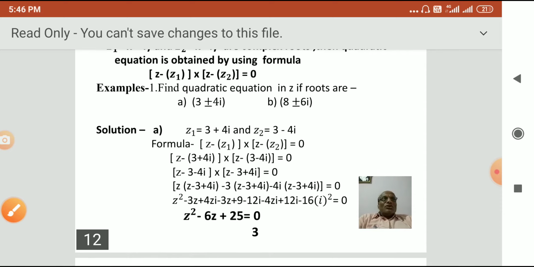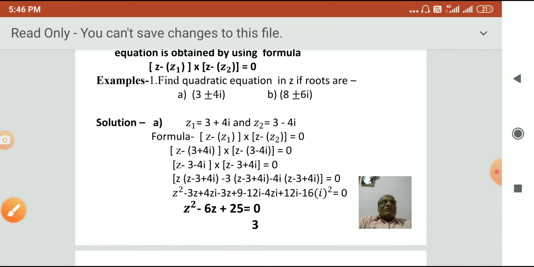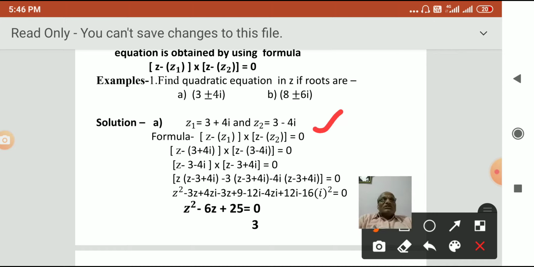Now substitute this in the formula. So z minus the first complex root, that is (z minus (3 plus 4i)), multiplied by the second bracket, z minus the second complex root, that is (z minus (3 minus 4i)).